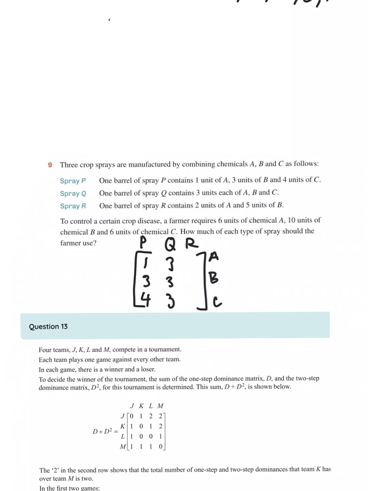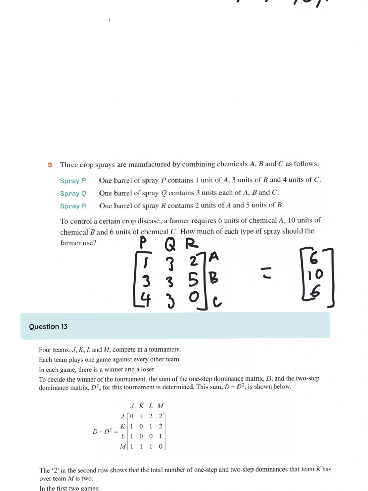And then R, 2, 5 units of B, and 0 of C. Cool, and then essentially we want this to equal 6 units of A, 10 of B, and then 6 units of C.